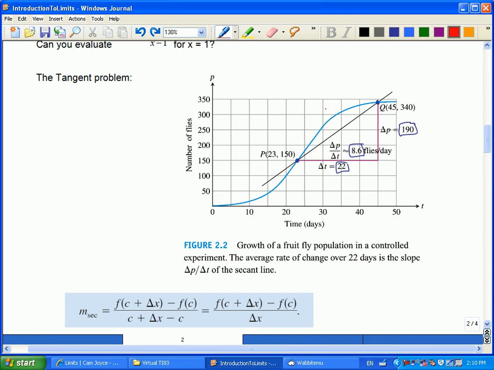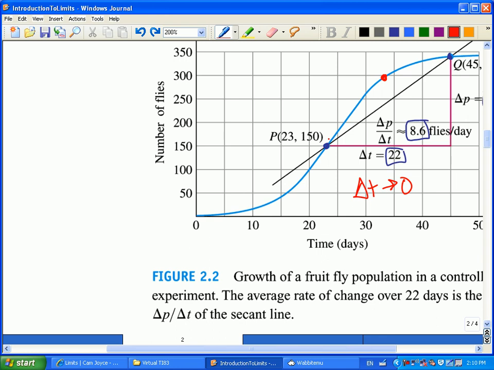the way you do it in the tangent problem is you start shrinking this thing to 0. And as I start moving those points together, what happens, I'll clear this up and zoom in on it, is as they get closer and closer together, the line that you can connect them with is starting to be more and more like this tangent line I was telling you about.